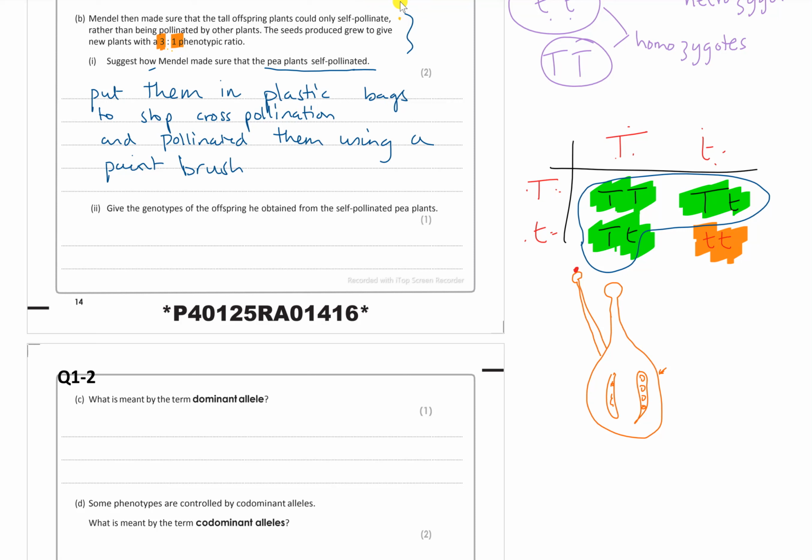You take a brush and without damaging it, you brush it from there onto here, and then it'll work its way down and fertilize one of the ova in the ovules. Okay, I missed this word: self-pollinate.